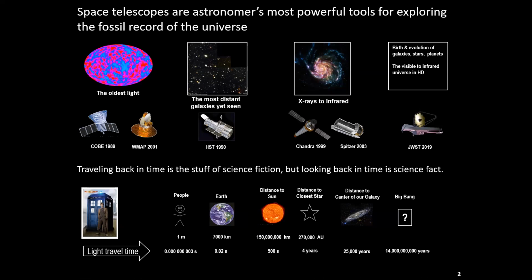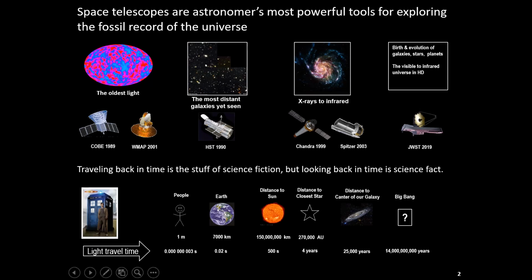So for example, if we had a magic switch that could turn off the sun and we flip that switch, 500 seconds would elapse before we knew that anything happened, because it takes 500 seconds for the light to travel from the sun to us. And so when we look at the sun, we're seeing it as it was 500 seconds ago.